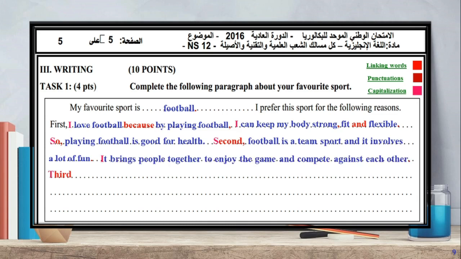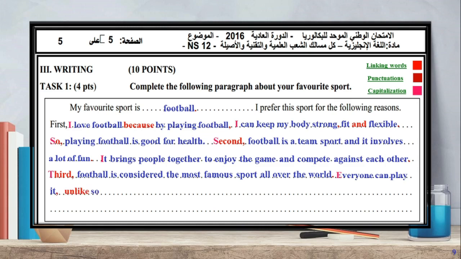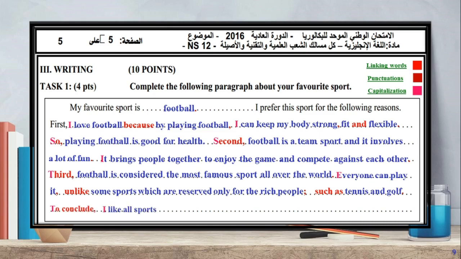It brings people together to enjoy the game and compete against each other. Third, football is considered the most famous sport all over the world. Everyone can play it, unlike some sports which are reserved only for rich people, such as tennis and golf. To conclude, I like all sports, especially football, because it's fun and it keeps us healthy and very active.